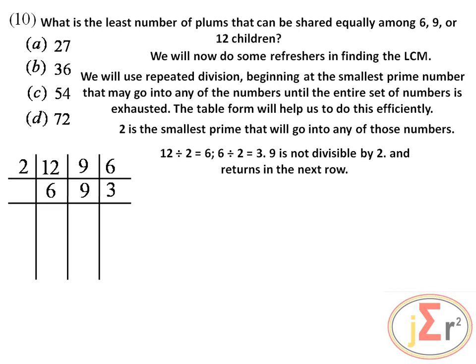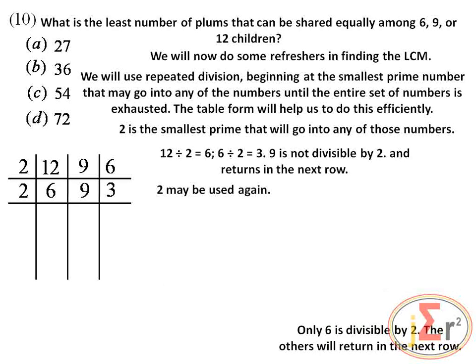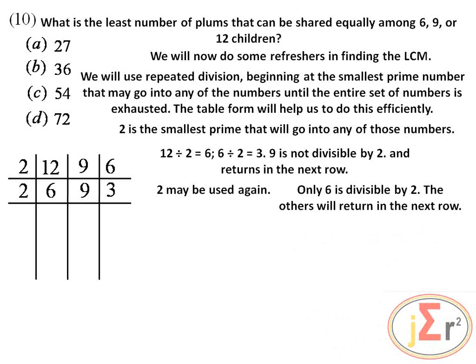Can 2 go again? Sure, we may use 2 again. So 2 can only divide evenly into 6, and the others will remain the same. We are not attempting to get remainders when we do not have even division.